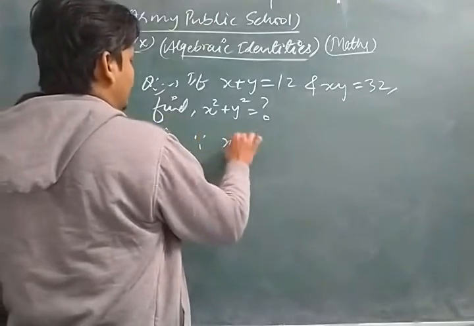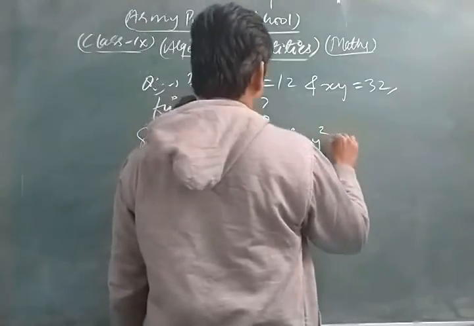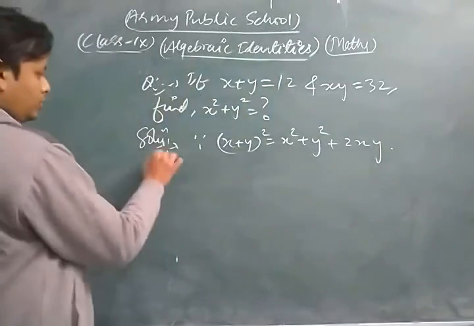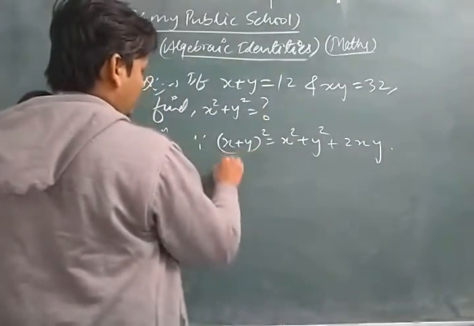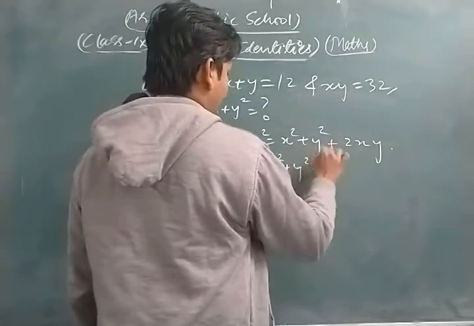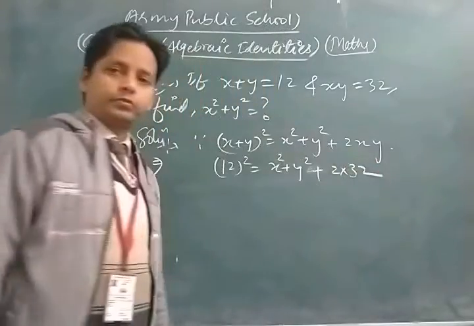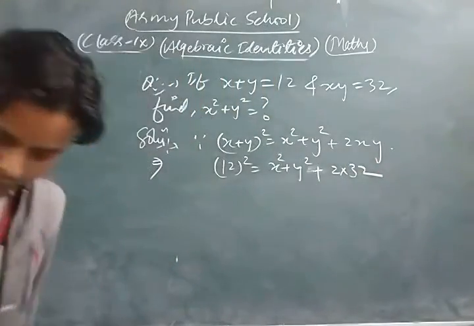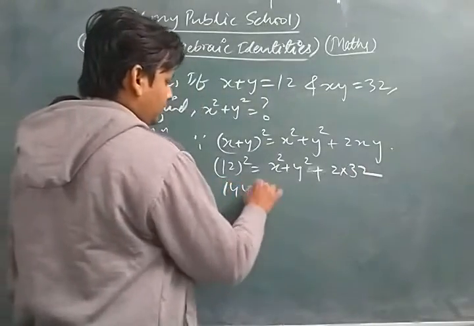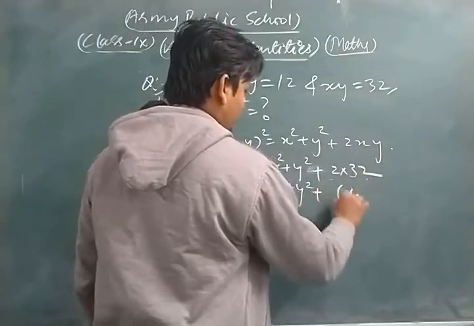Since we know that x plus y whole square is equal to a square plus b square plus 2ab. Okay. So now the value of x plus y is 12, whole square is equal to x square plus y square, which we need to find, plus 2xy, where xy is 32. Now look here, this is 144, x square plus y square plus 64.